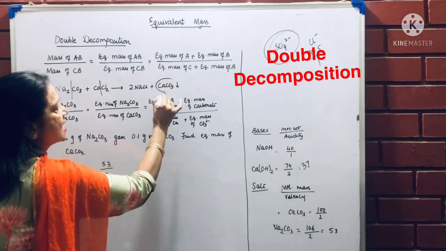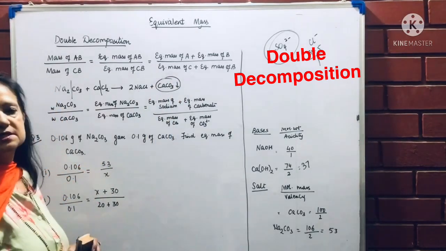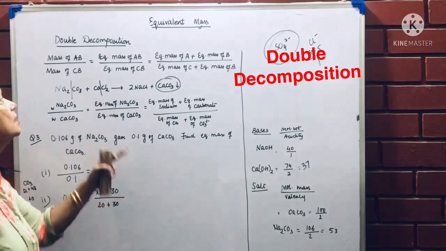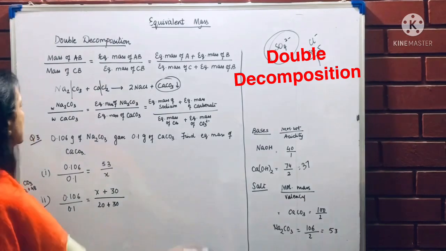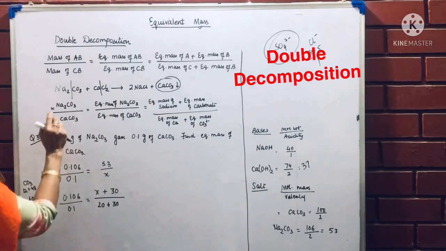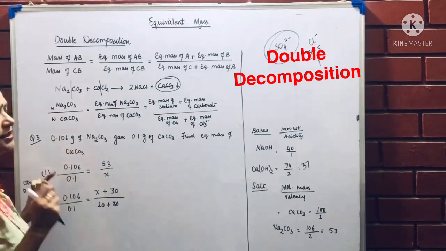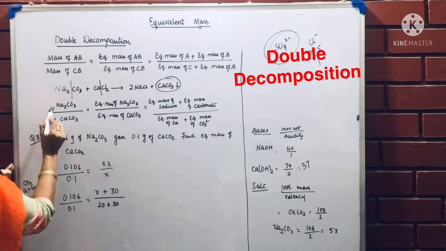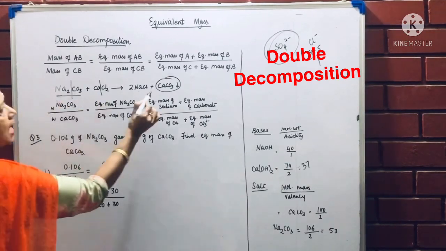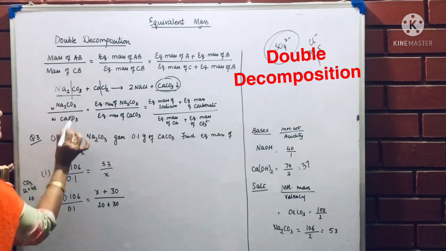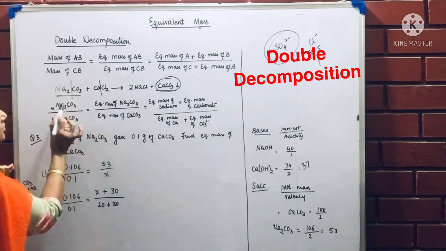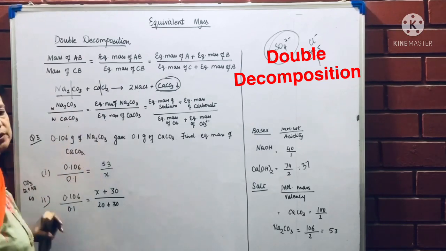You have this as a precipitate, so we say this is a precipitation reaction, which is a part of double decomposition reaction. Now, when I want to find the equivalent mass, the formula is that the weight of one upon the weight of the second is equal to the equivalent weight of the first upon the equivalent weight of the second.